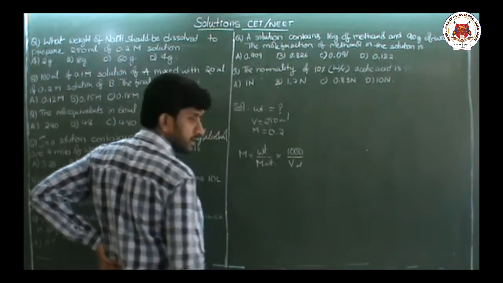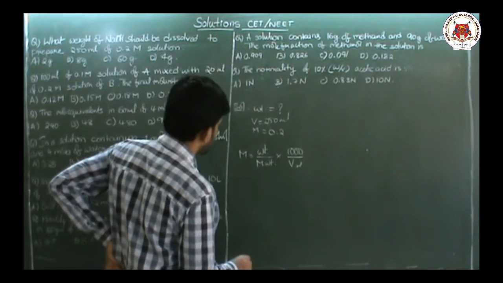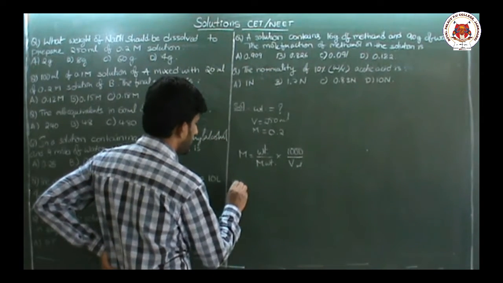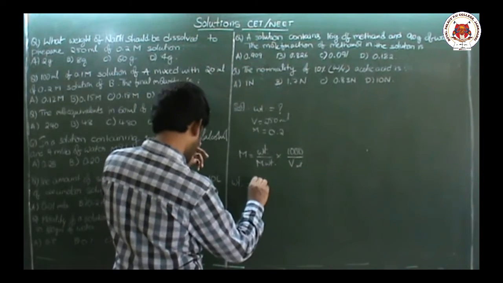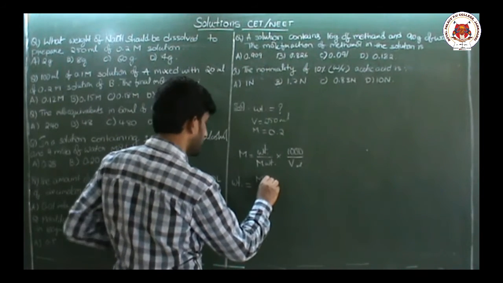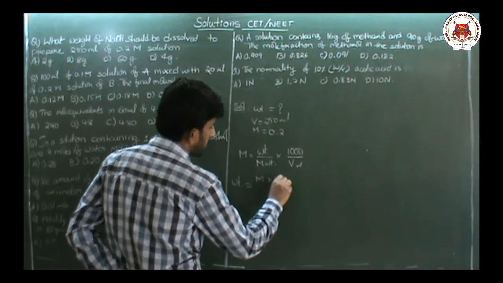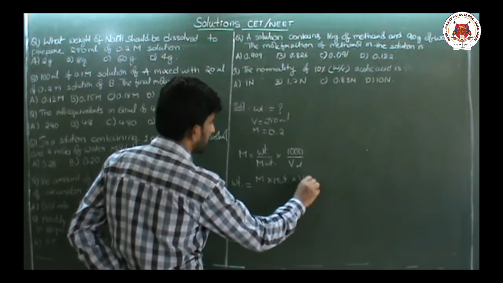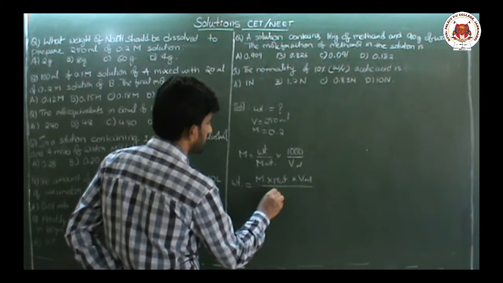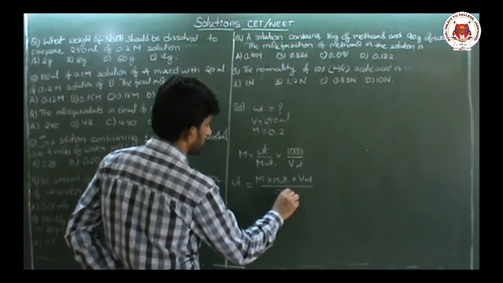We want weight. So if I want weight, then weight of NaOH must be equal to molarity of solution into molecular weight of the compound solute into volume in ml divided by 1000.